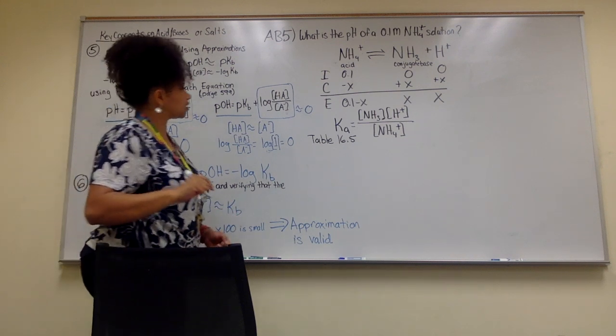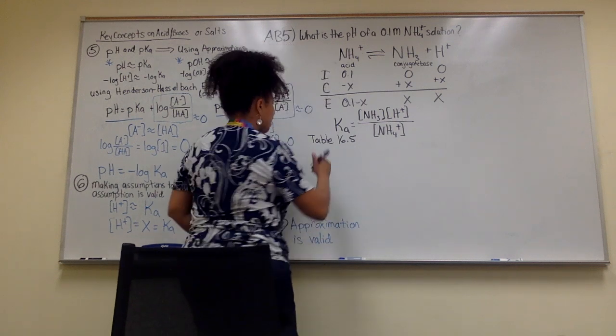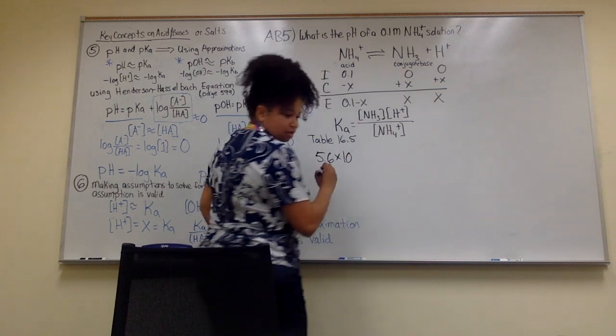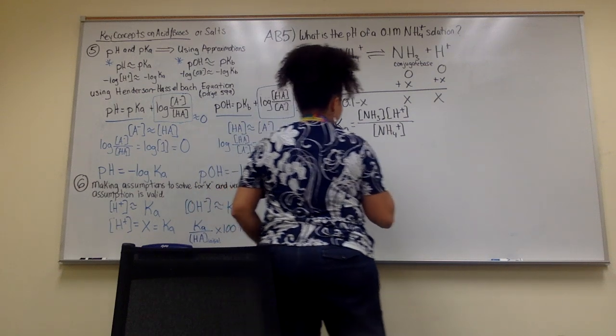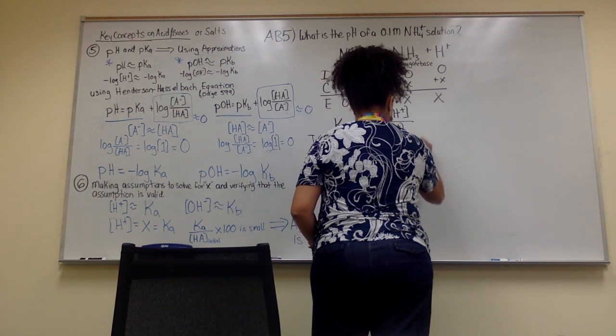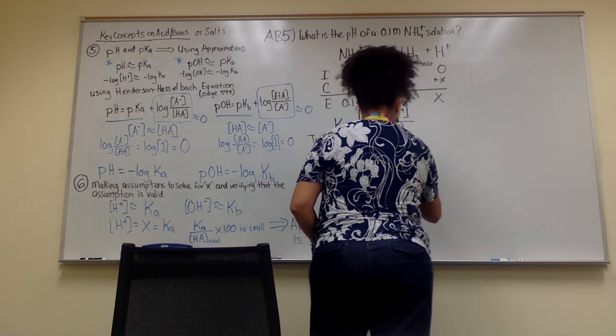So we're covered. We find out that our Ka is equal to 5.6 times 10 to the minus 10, which is then equal to X times X over 0.1 minus X.